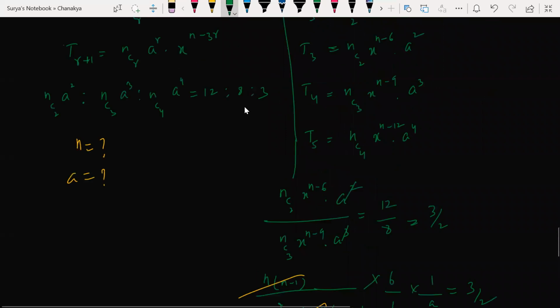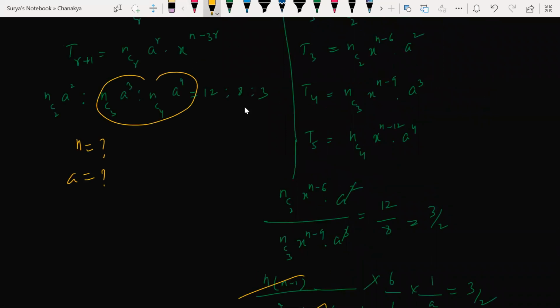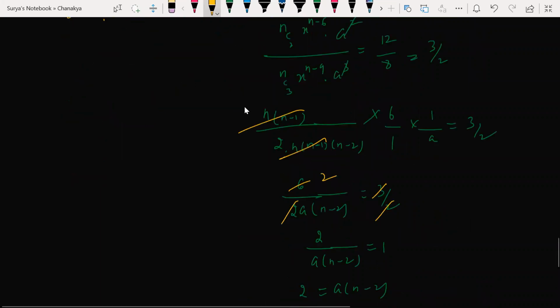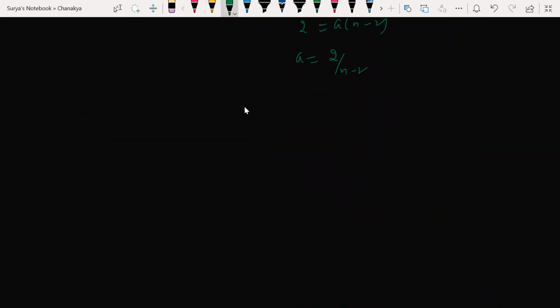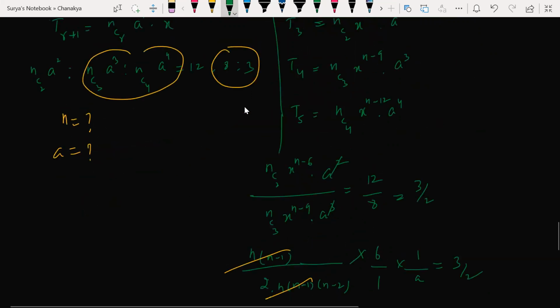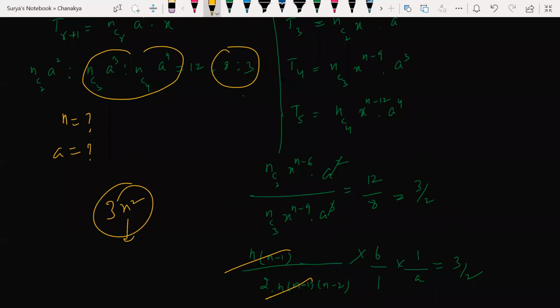Similarly, look at this here. This by this is equal to 8 by 3. You have to solve, we don't have another option. NC3 into a cube divided by NC4 into a to the power of 4 is equal to 8 by 3. Guys, we are taking coefficients, so we will not be considering this x. If I say 3x square, what is the coefficient of x square? 3.